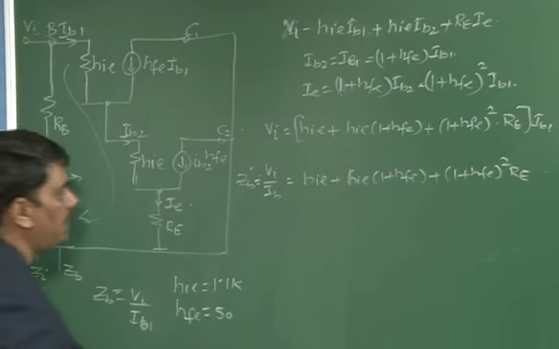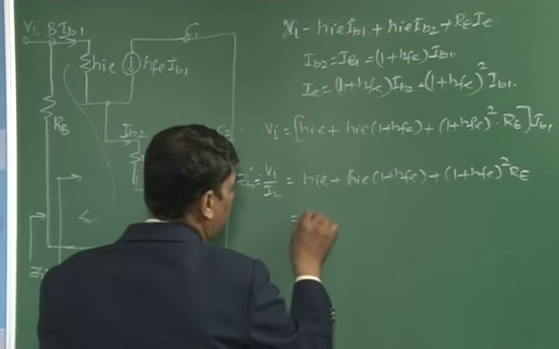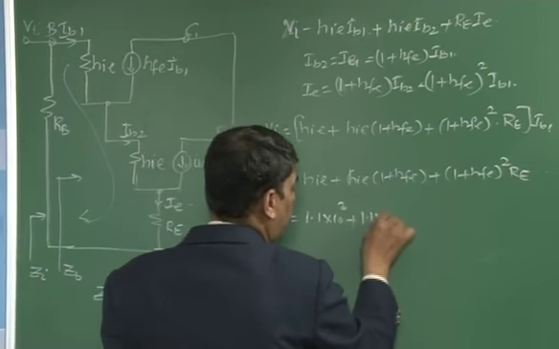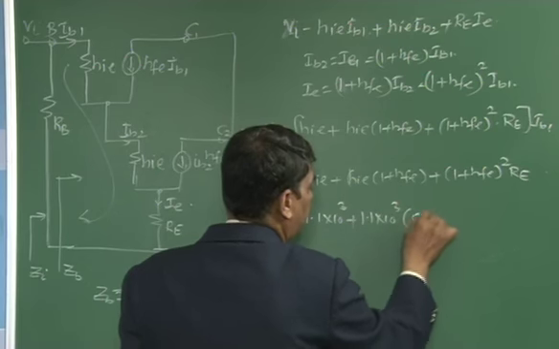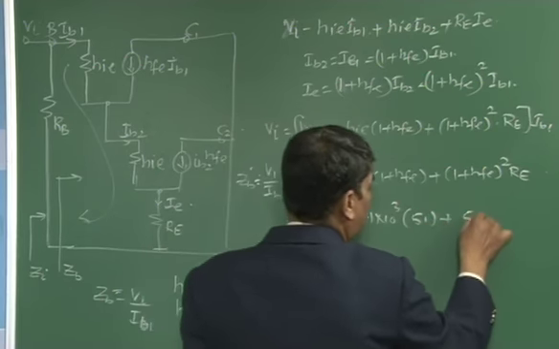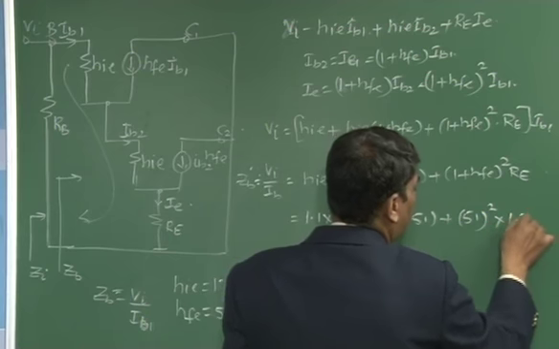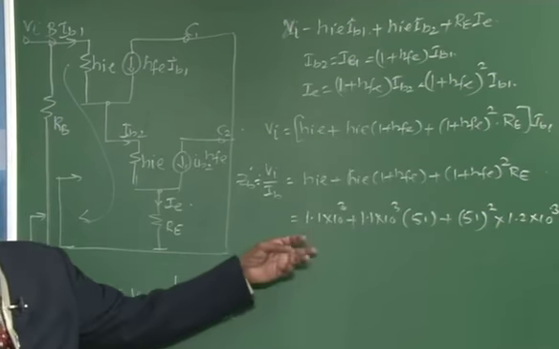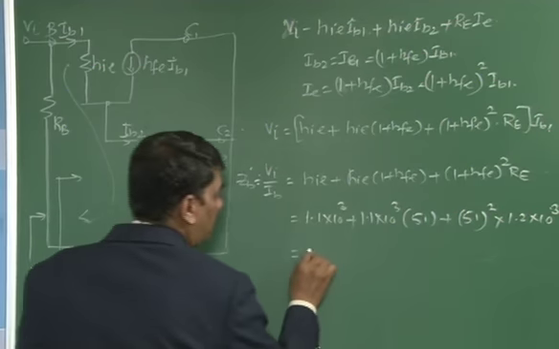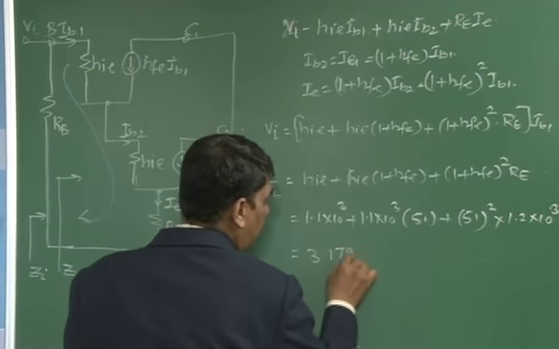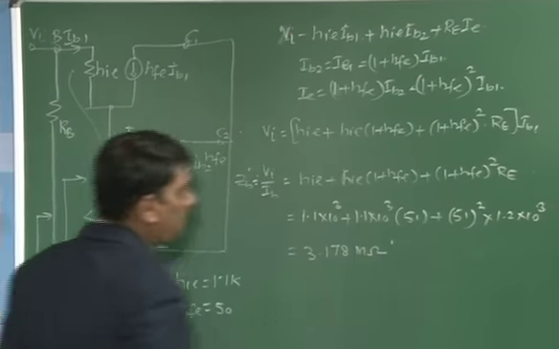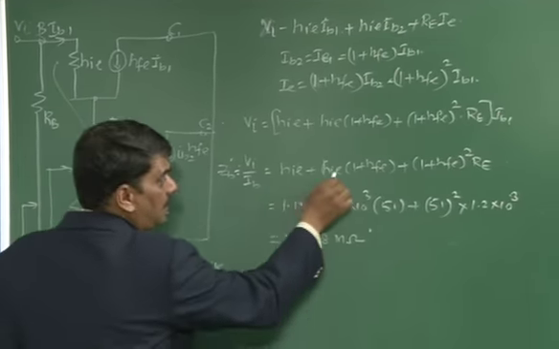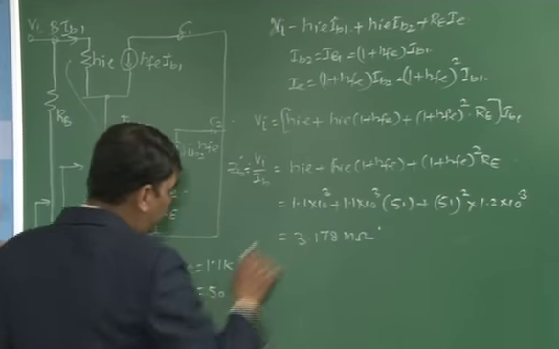Substituting these values, the input impedance is 1.1 into 10 to the power of 3 plus 1.1 into 10 to the power of 3 into 51 plus 51 squared into 1.2 into 10 to the power of 3. Adding, we get this value equal to 3.178 mega ohms.